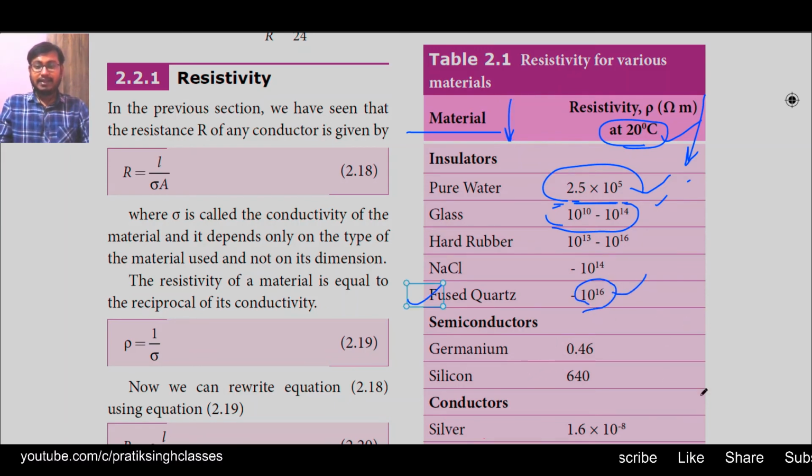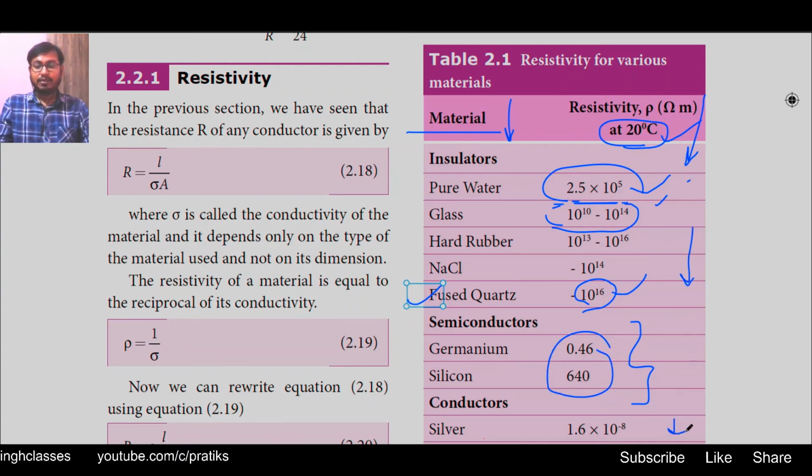And then here come semiconductors. As you can see here, the resistivity of semiconductors is in between conductors and non-conductors. For germanium it is just 0.46 ohm meter, and silicon 640 ohm meter.